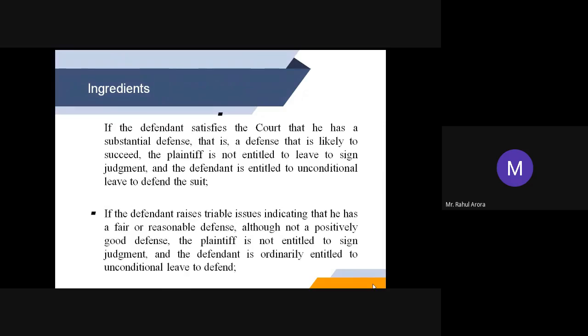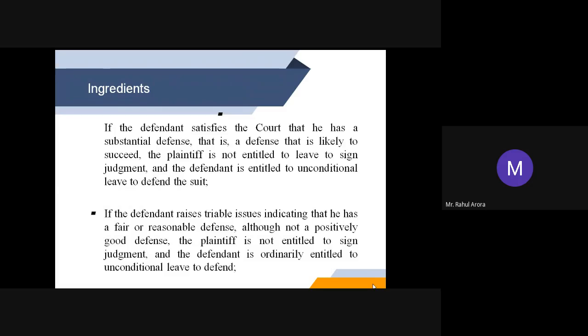So to get an opportunity to rebut, in filing a reply to the suit filed by the plaintiff, he has to satisfy the court that there is a substantial defense available with the defendant. If he is able to prove the same in the court of law, then, my dear students, that is the ground for grant of unconditional leave to defend.